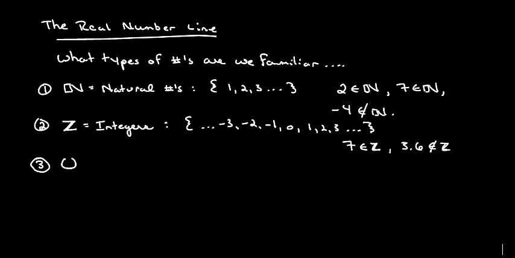Another set that you're used to seeing is the rational numbers, which we'll call Q. Now, rational numbers are any numbers that can be written as the ratio of two integers. So you think about them like fractions. Anything that can be written as a fraction or in fraction form.